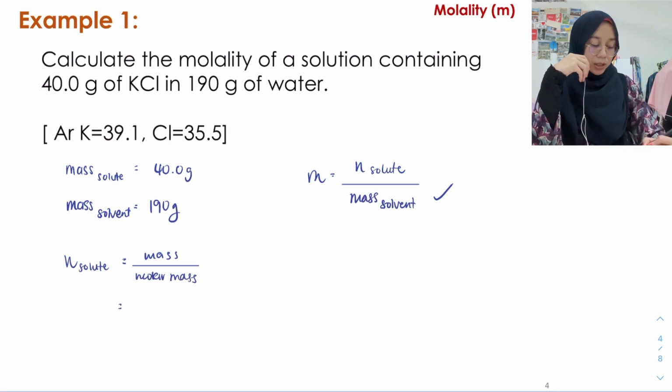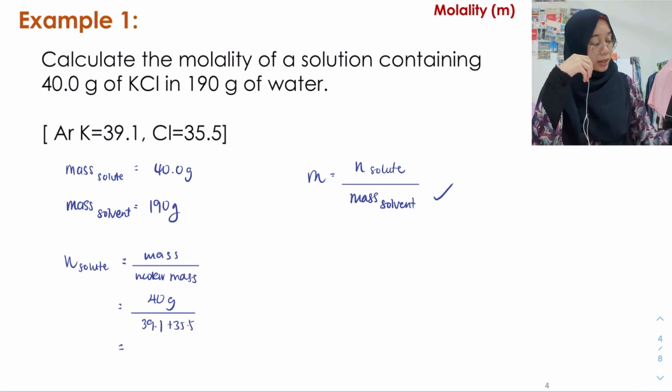Mass untuk kita punya solute is 40 gram, divided by molecular formula KCl, bermaksud 39.1 plus 35.5. So what you will get is 0.5362 mole.